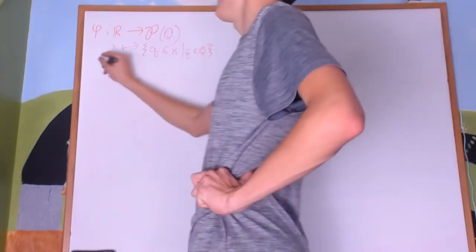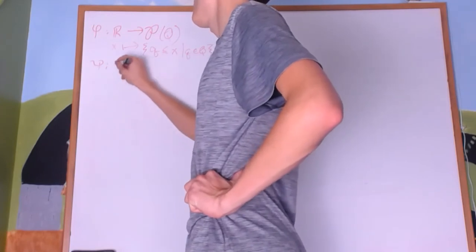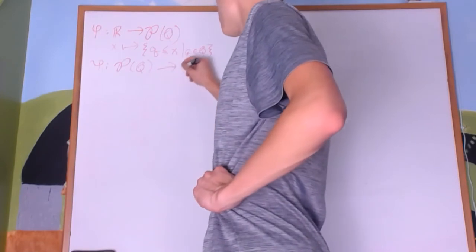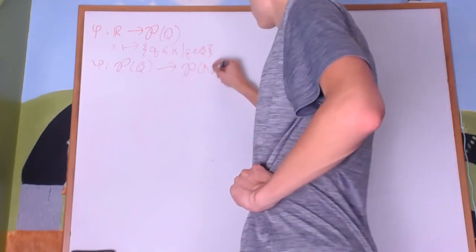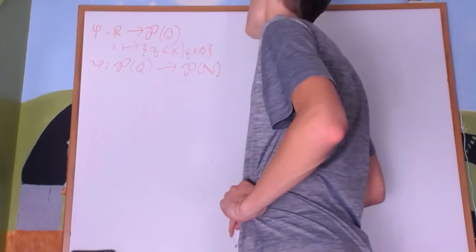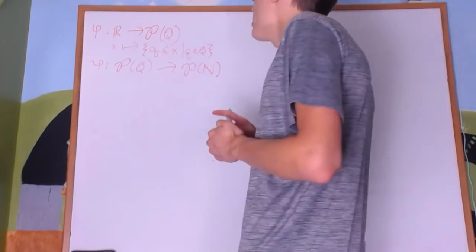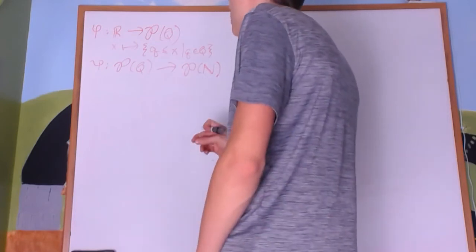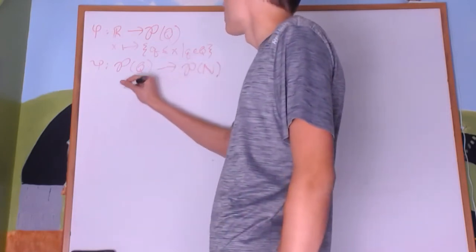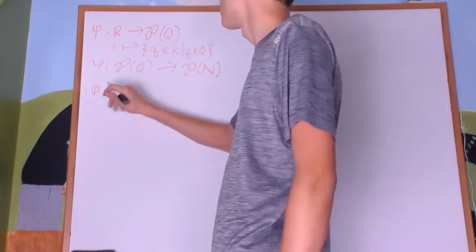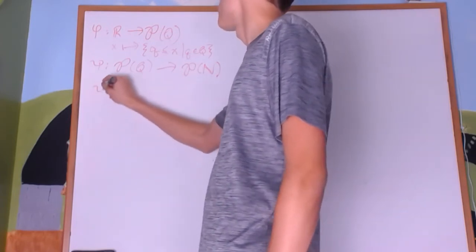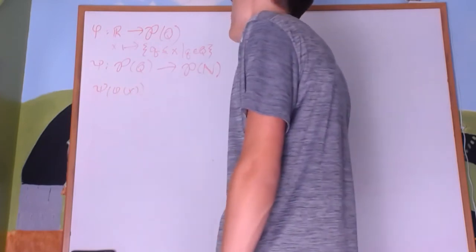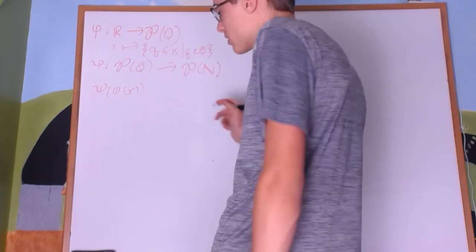Alright, then you can do embedding or a bijection between the power set on Q and the power set on the natural numbers. And then you do phi to psi of phi x. For every x, this is going to work.